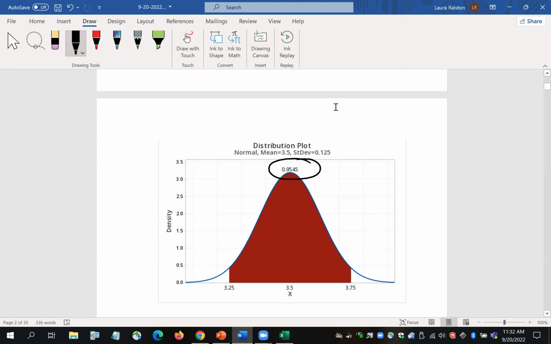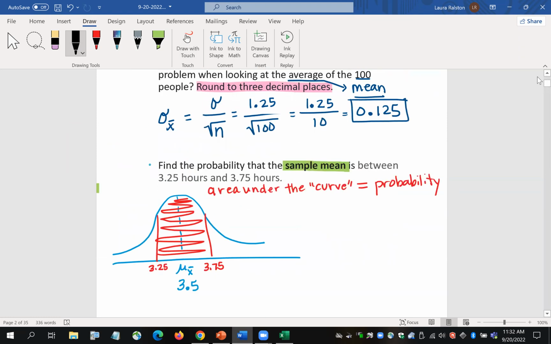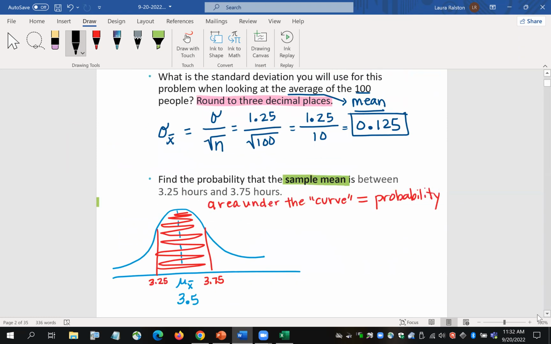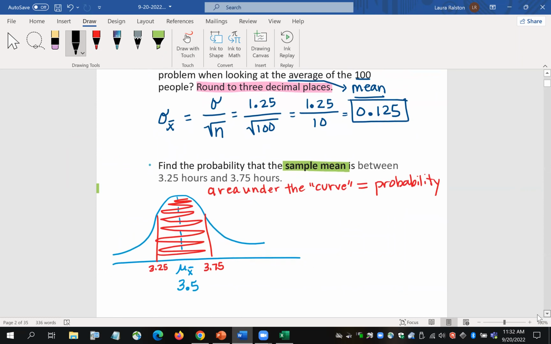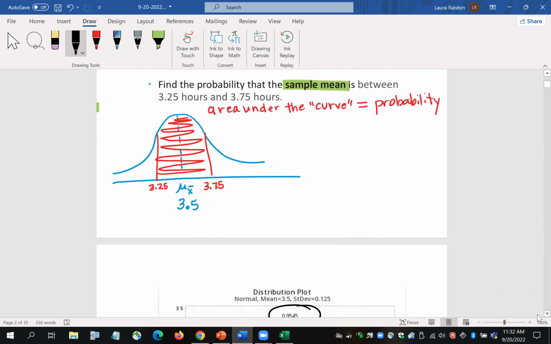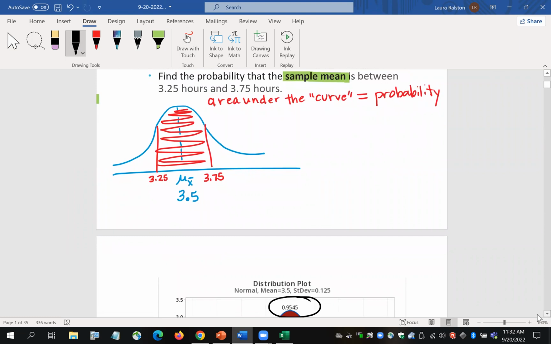So the probability that the sample mean for this distribution is between 3.25 and 3.75 is going to be 0.9545.